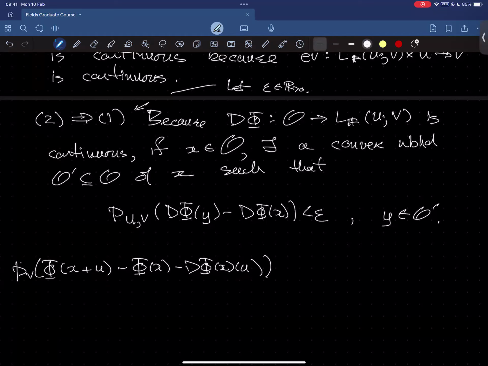So now I'm going to rewrite these using the mean value theorem. I'm going to take a curve that goes from x to x plus u, and integrate the derivative along that curve. So this is the weak integral by the mean value theorem.